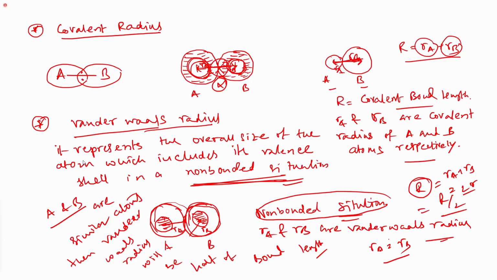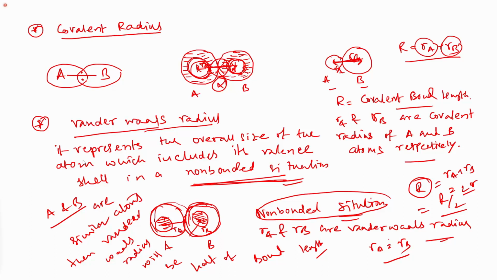When these two atoms are similar, like F2, Cl2, O2, N2, H2, the two atoms are similar. But when they are not similar atoms, then there will be a specific van der Waals radius for the specific atoms.